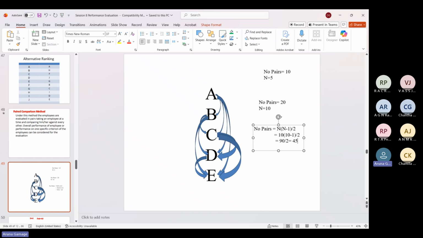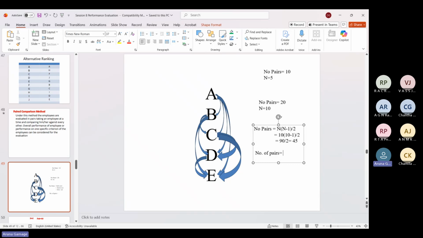You understand? 45 combinations. You can check whether it is correct by taking our earlier example.